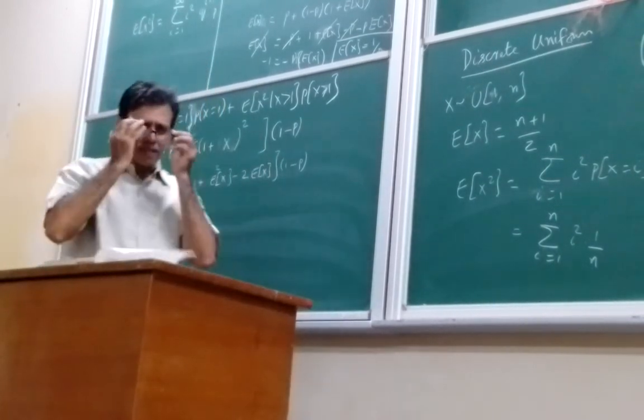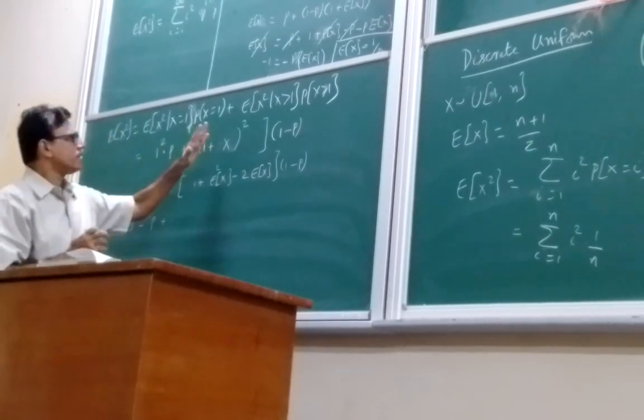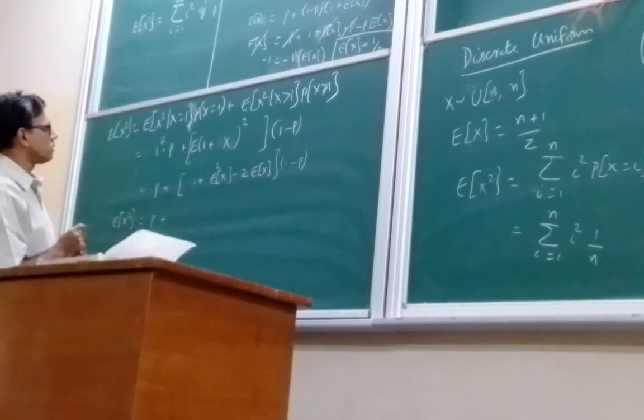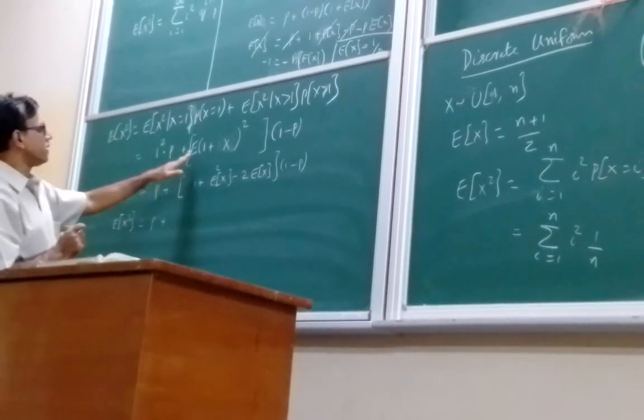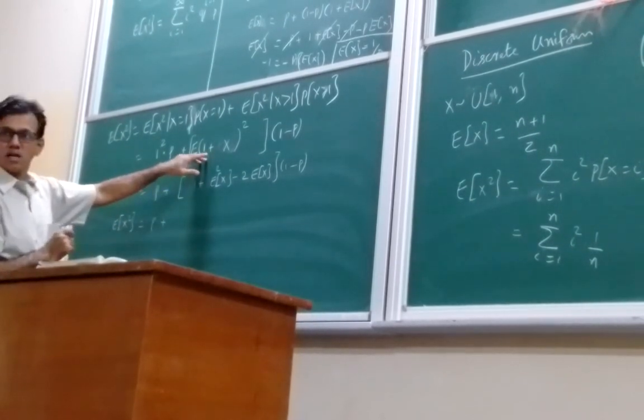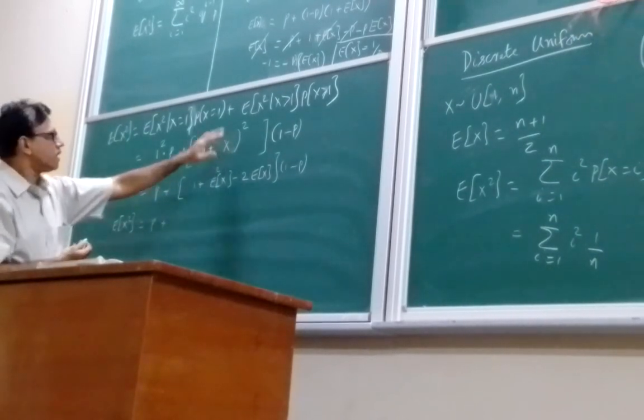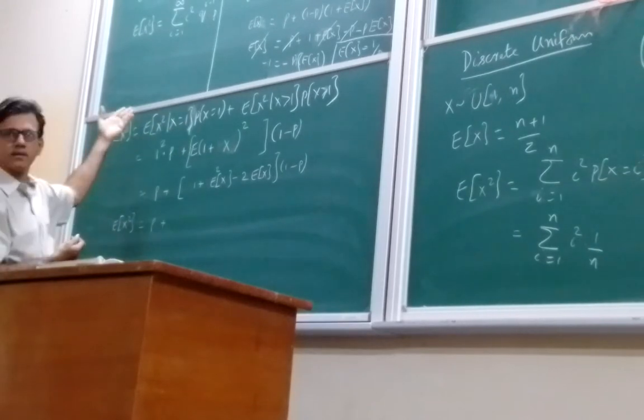Yeah, it makes sense because see, given that x is greater than 1, then it is the expectation of 1 plus x. Now, it becomes 1 plus x, and the whole square you have to do, because you are finding E of x squared.